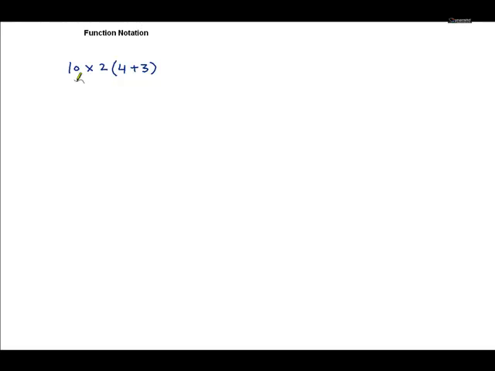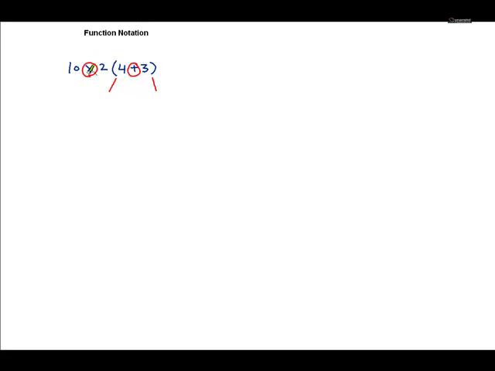This expression here, 10 into 2 in brackets 4 plus 3, if I ask you to solve just by giving this expression, you can easily solve it because you know the meaning of these terms, or the short forms: into, then brackets, and this plus.